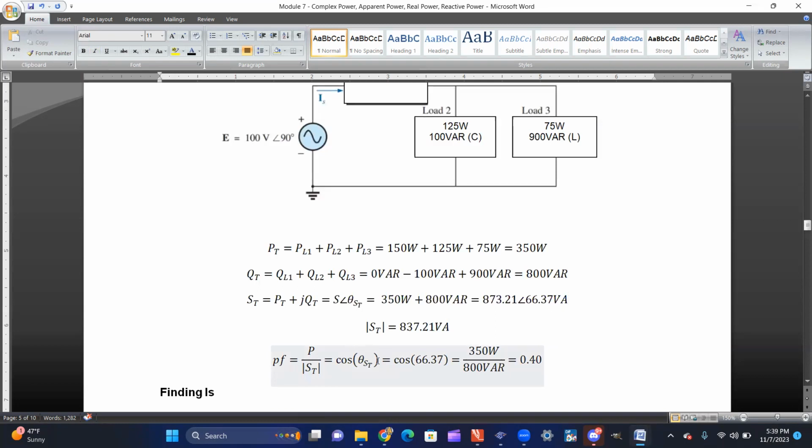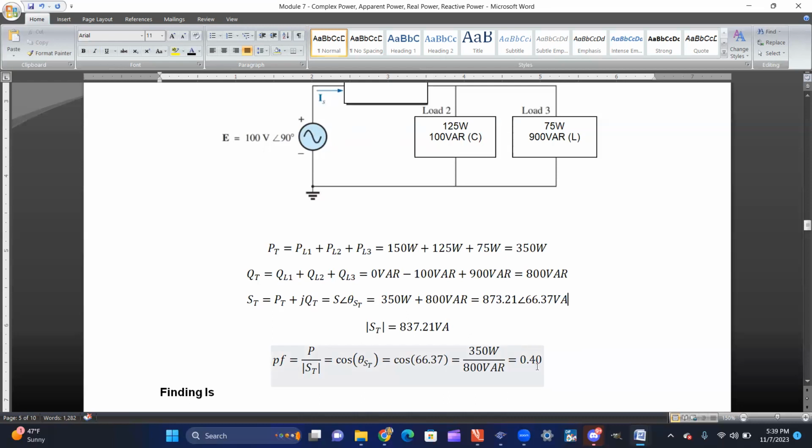You can use the magnitudes and angles of your voltage and current, you can use the angle of your impedance, you can use your average power and apparent power, and you can also take the cosine of the angle of your complex power.